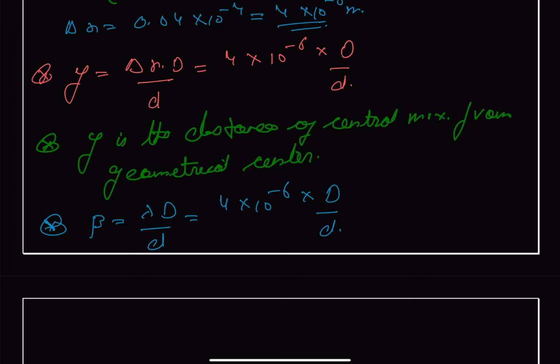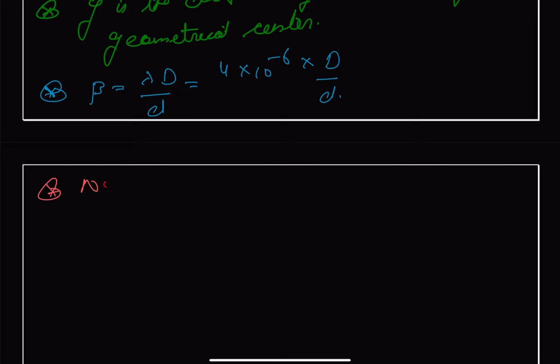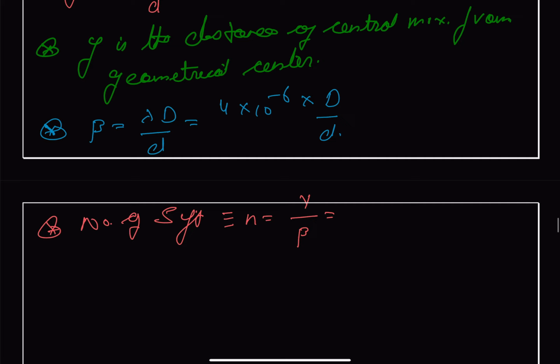And the number of shifts, if given as n, will be equal to y upon beta. y we found out is 4 into 10 to the power minus 6, and beta is 4 into 10 to the power minus 7, and the ratio of d and capital D in both are going to cancel each other.